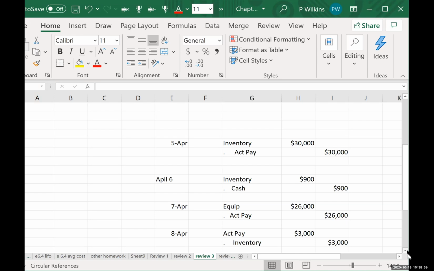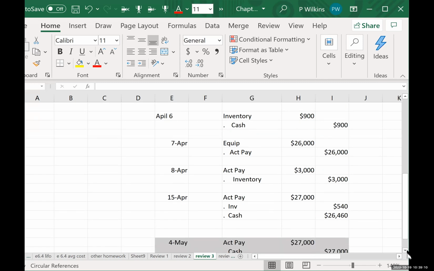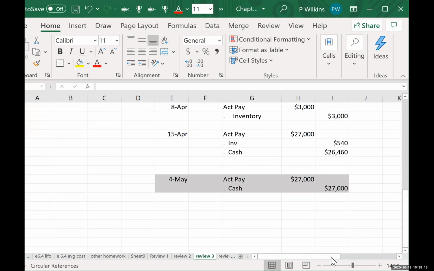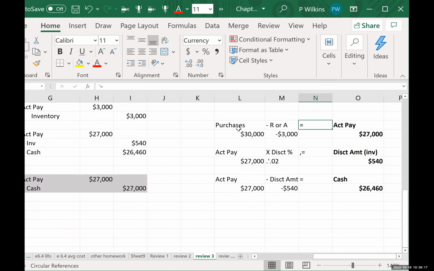So this is where we have to do that formula, right? Purchases minus any returns or allowances times the discount percentage gives us the discount dollar amount, that whole formula. Let me see. Oh, here we go. So we've got purchases, $30,000 minus any returns or allowances. We had a $3,000 return. So that gives us an accounts payable number of $27,000, 30,000 minus 3,000.